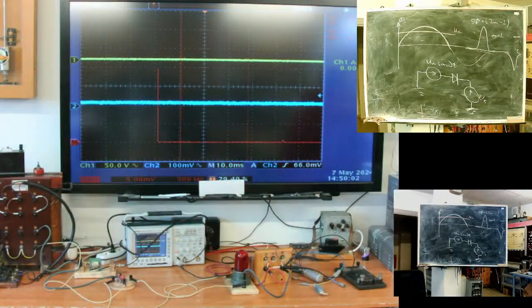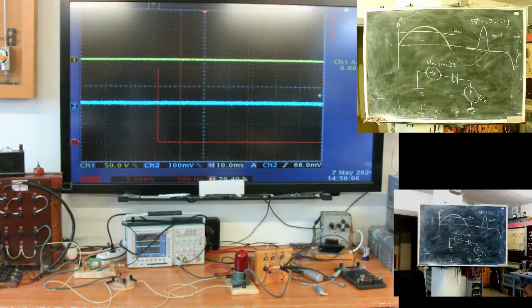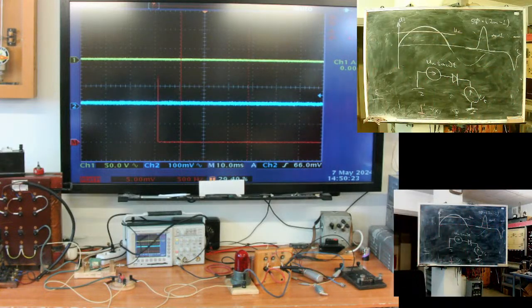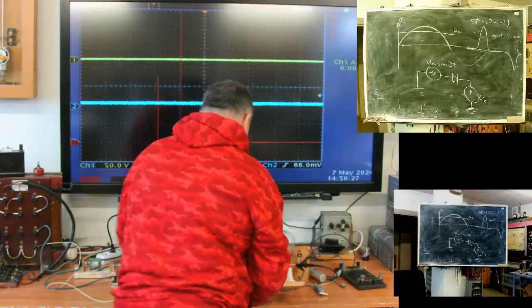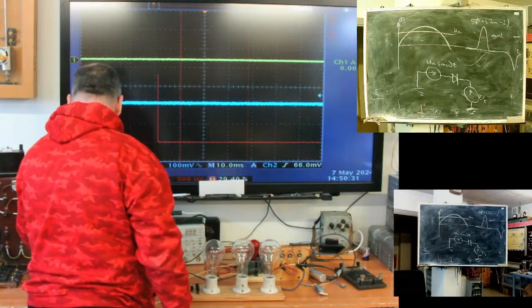Now we have a polyphase network. My good old three-phase law is powered.